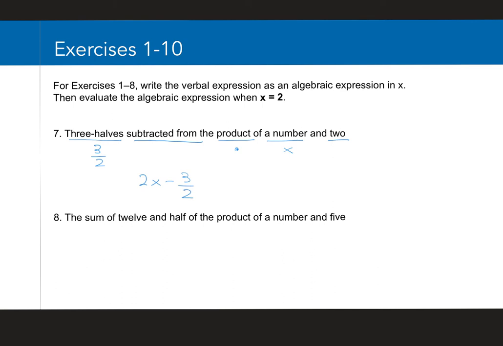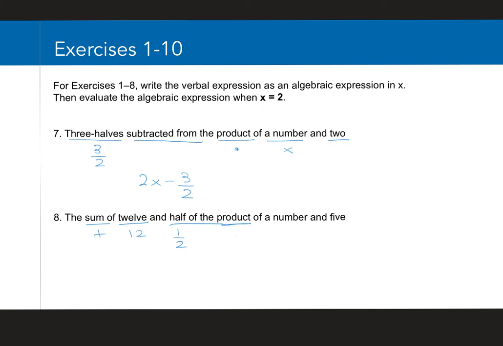For number 8, we have the sum of 12 and half the product of a number and 5. All right, so again, breaking it up, we have sum, which is plus, we have 12, and we have half the product, so half, that gives us 1 half.